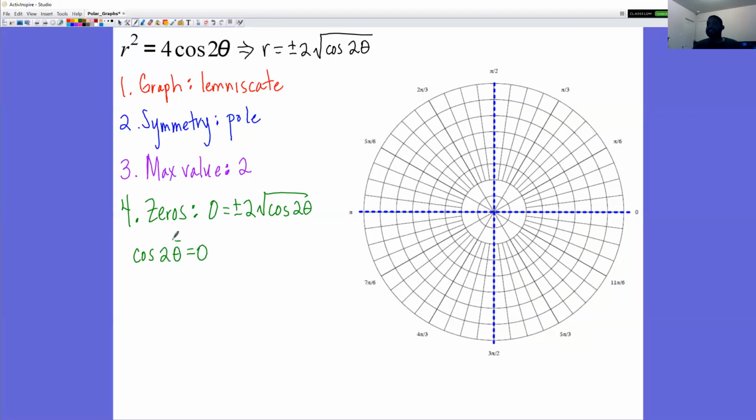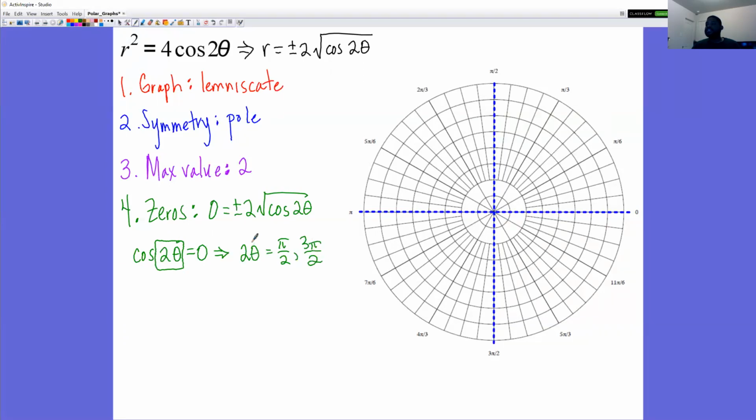Remember, this is a multiple angle equation, so you have to pay attention to that. Cosine 2 theta is an identity. If you want to use an identity, you can, but you don't have to in this instance. The only angles that give you a value of 0 are pi over 2 and 3 pi over 2.